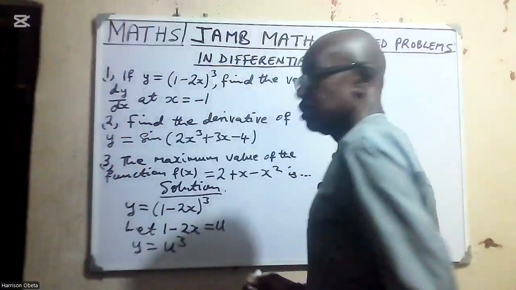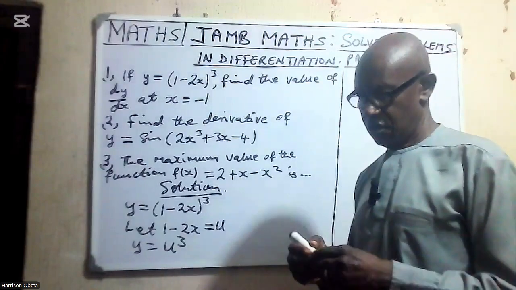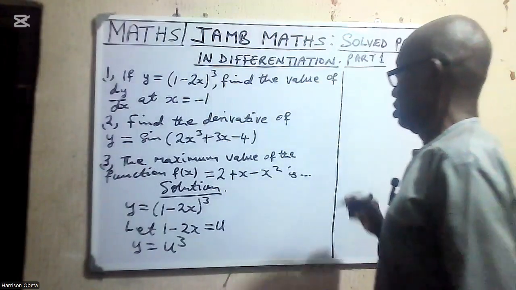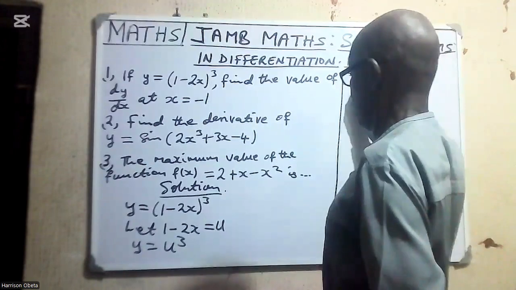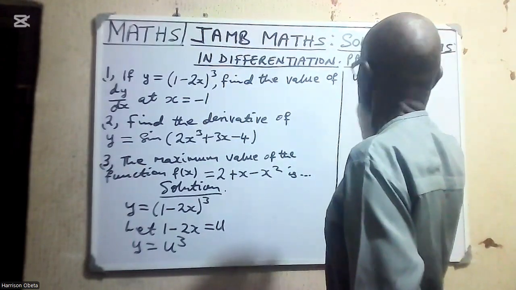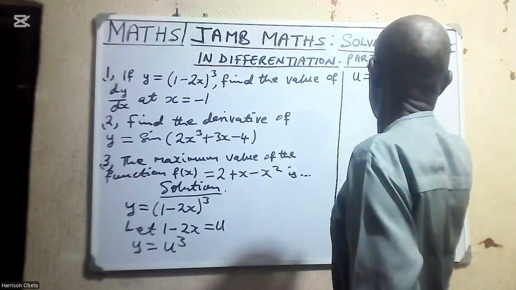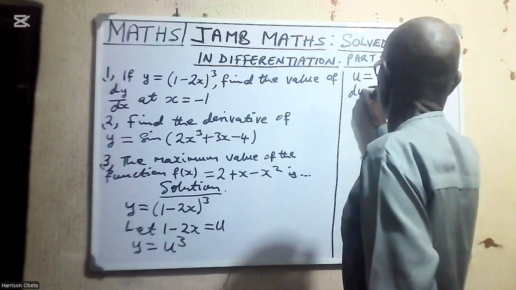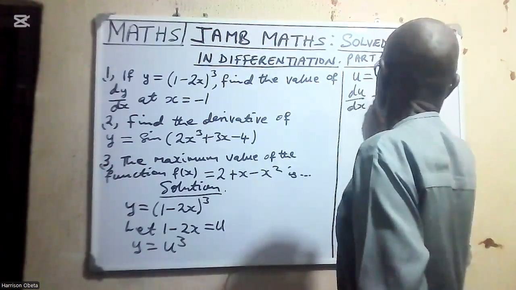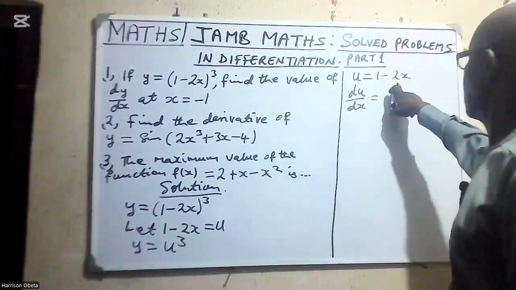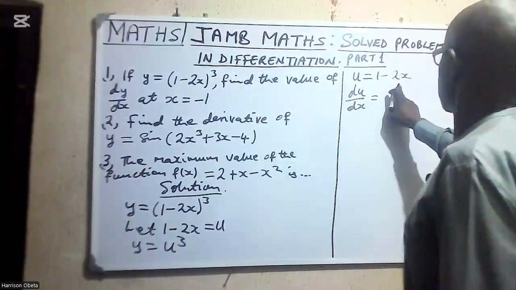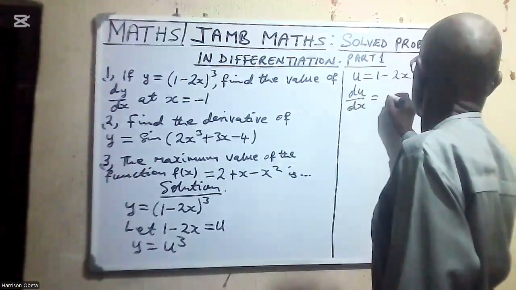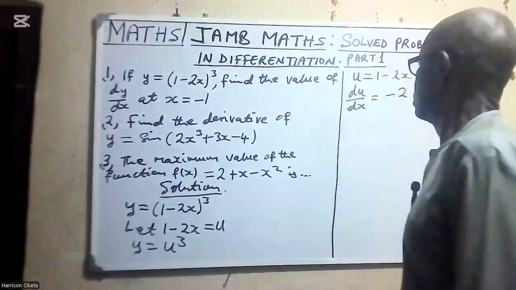So using the formula function of a function, if u is equal to 1 minus 2x, that means that du/dx, you differentiate this, and that will give us minus 2.